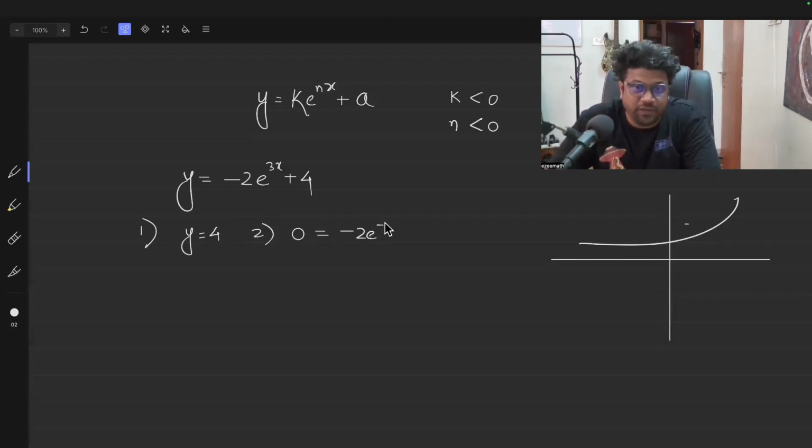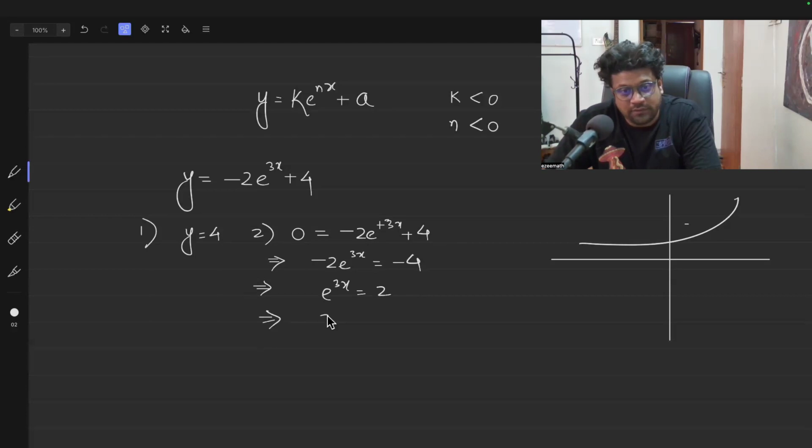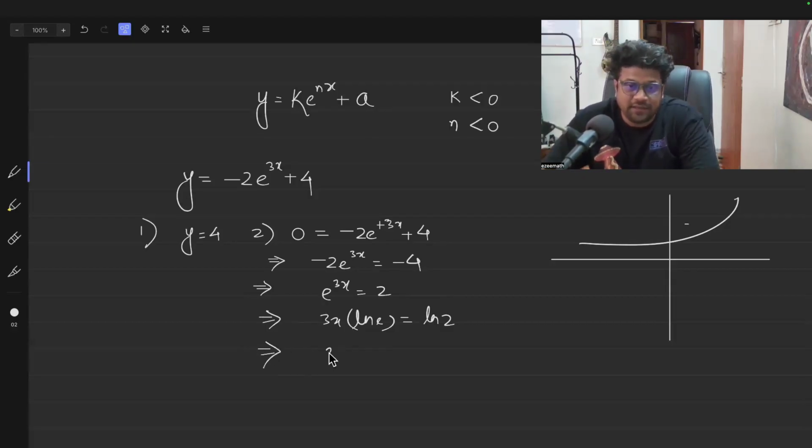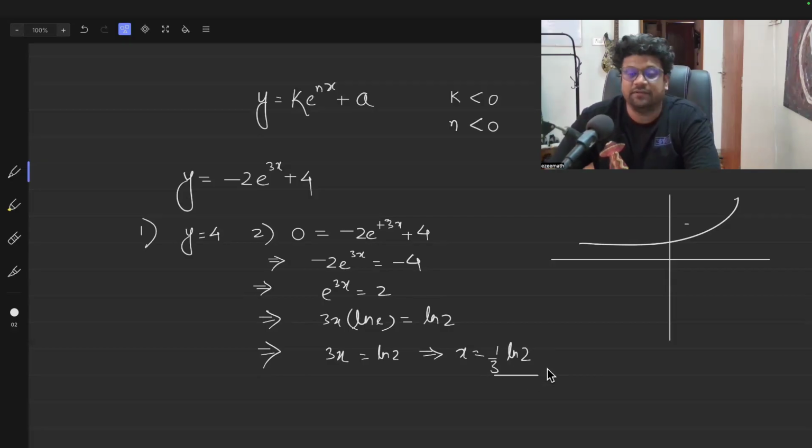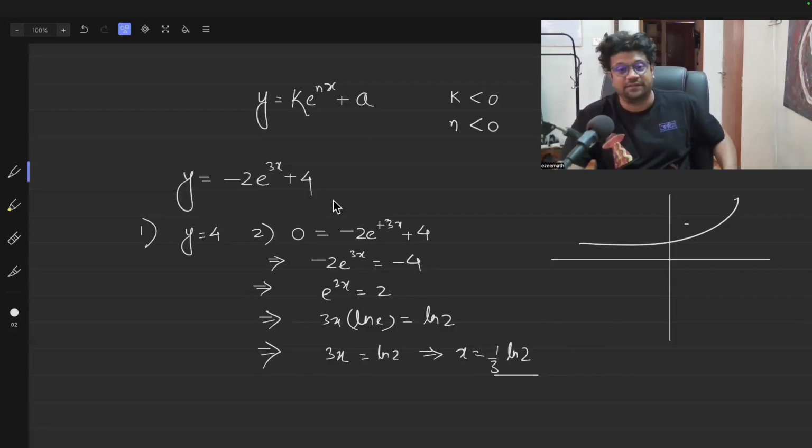So you go negative 2e to the power of 3x plus 4 equals 0, so negative 2e to the power of 3x equals negative 4. e to the power of 3x comes out to be 2. If you take natural log on both sides, 3x comes out to be ln 2, or x comes out to be 1/3 of ln 2. There it is. Now we have the x-intercept for this curve.